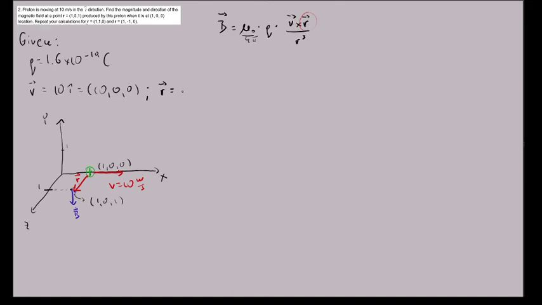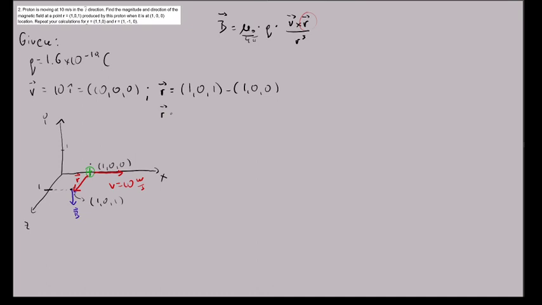Hopefully this is easy enough to see, but if you want to find a vector that points from this particular point to this particular point, then you have to subtract the vectors that point to these specific points. So what I will have to do is this: (1, 0, 1) minus (1, 0, 0).